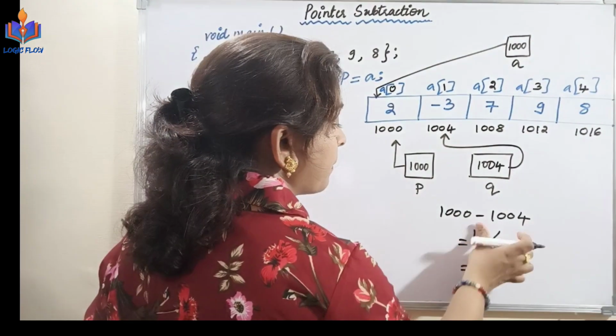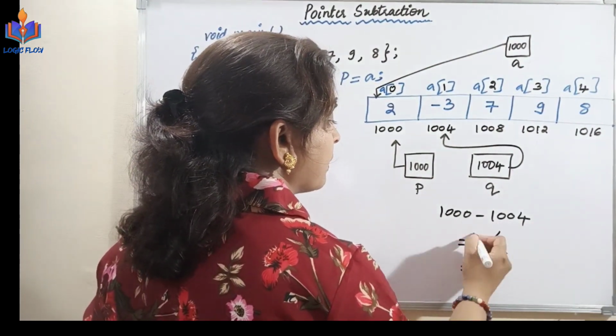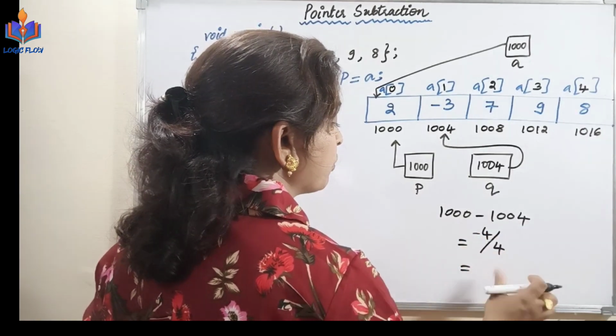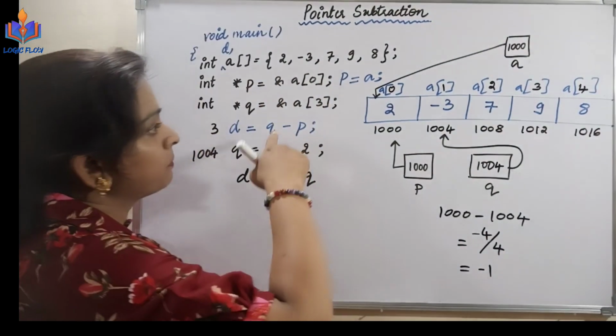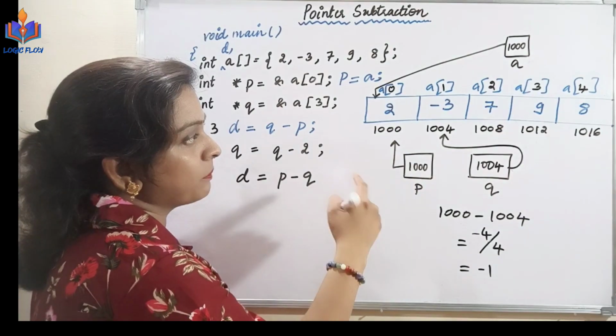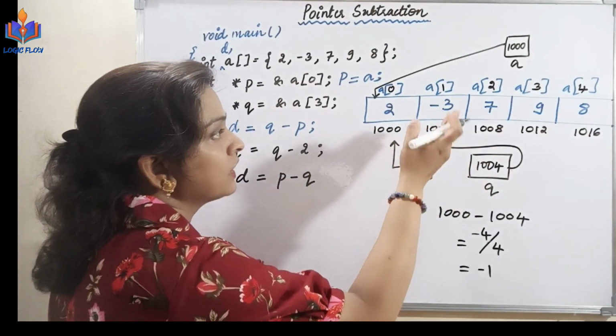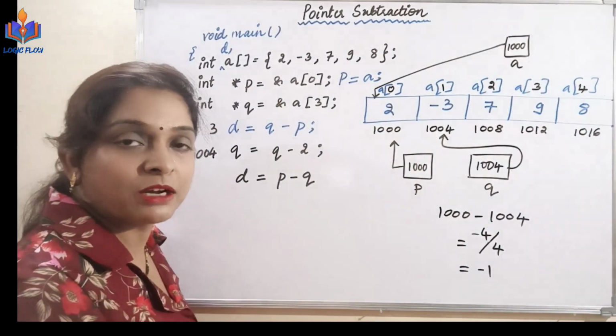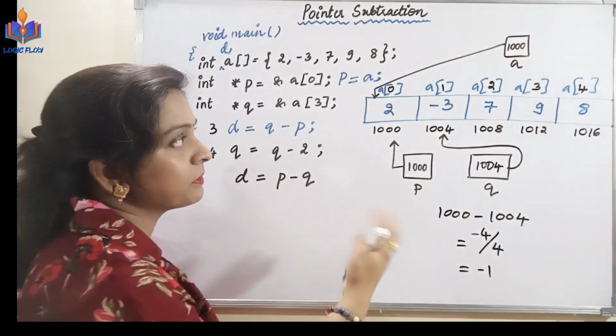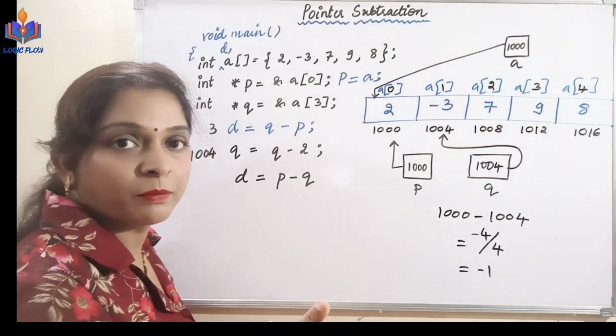It is minus 4, right? Minus 4 divided by 4, you get minus 1. It means P and Q are apart by 1 element. P is pointing to 1000, Q is pointing to 1004. It is apart by 1 element.